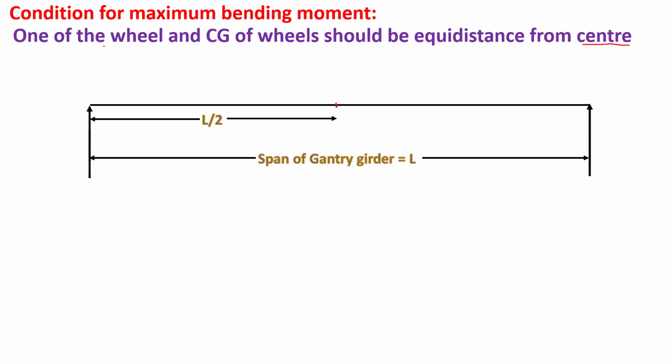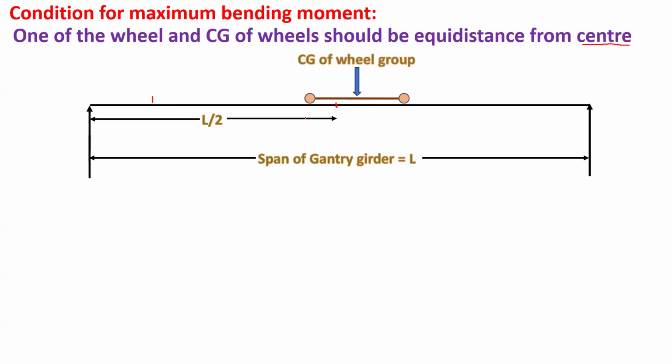Now what do we have to do? One of the wheels and the CG of the wheel load should be equidistant, which means we are going to get this distance WHL by 4, and that will be equidistant. So now you can see we will move this.